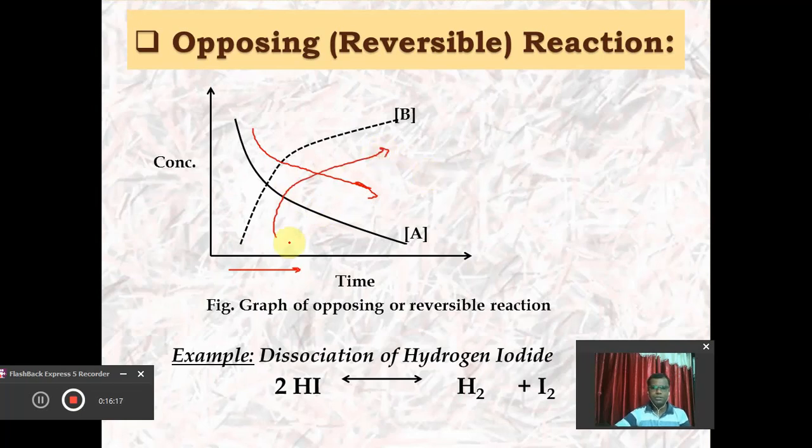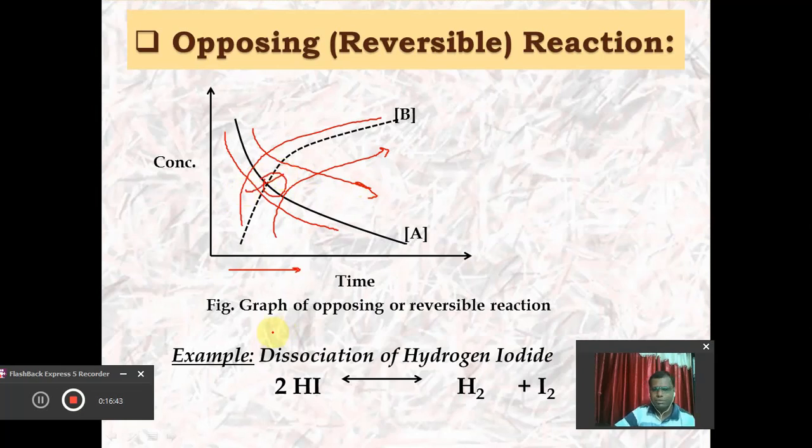This is the general thing that we have already discussed. But after some time, at the equilibrium condition, the concentration of reactant and product becomes equal, and that condition is called the equilibrium condition.